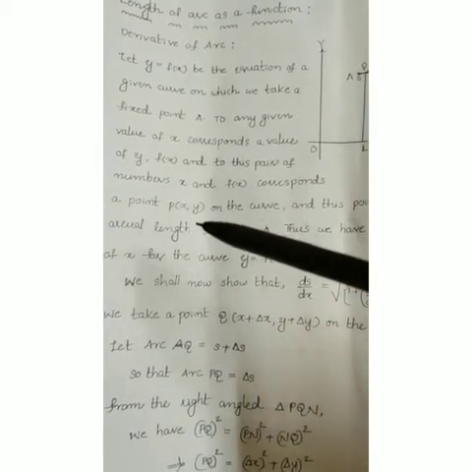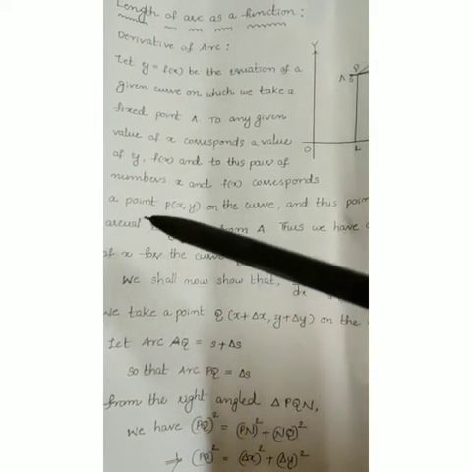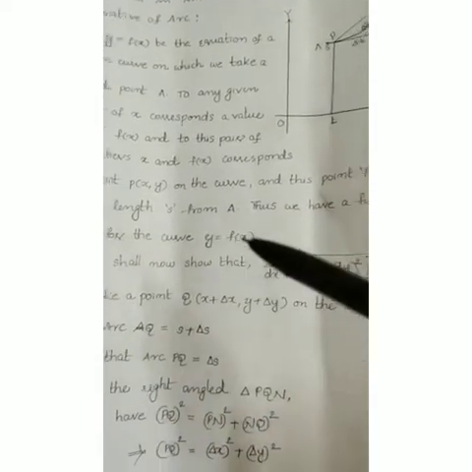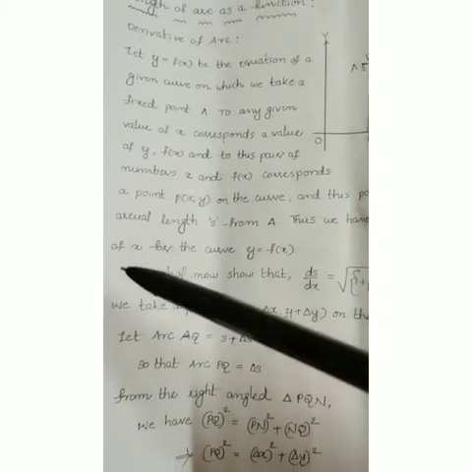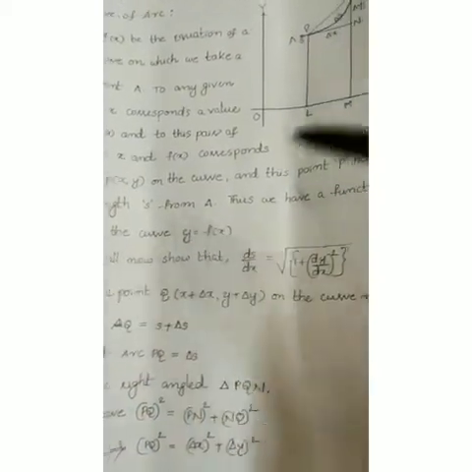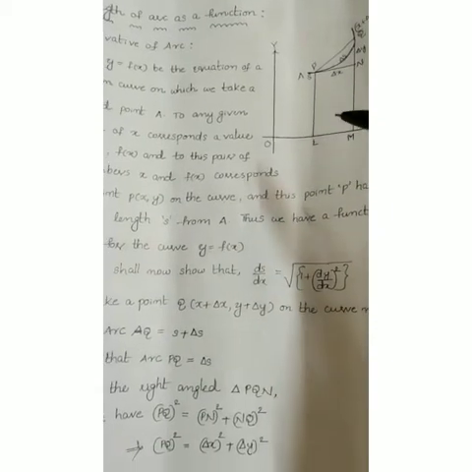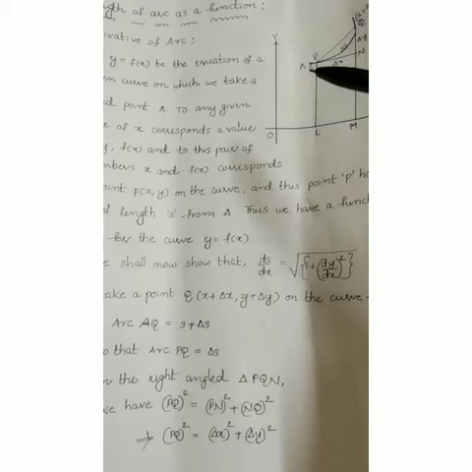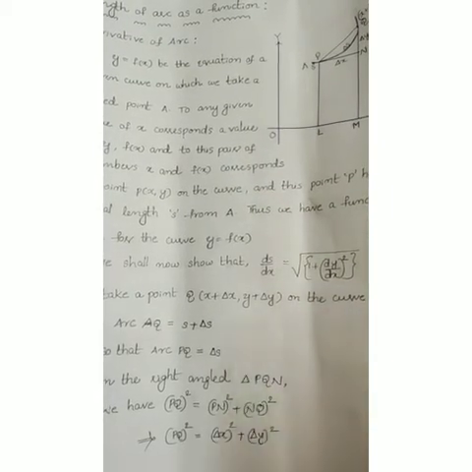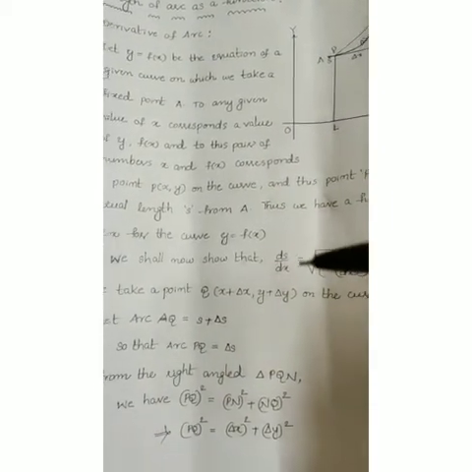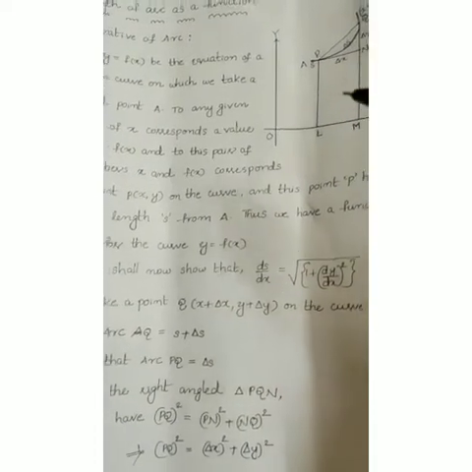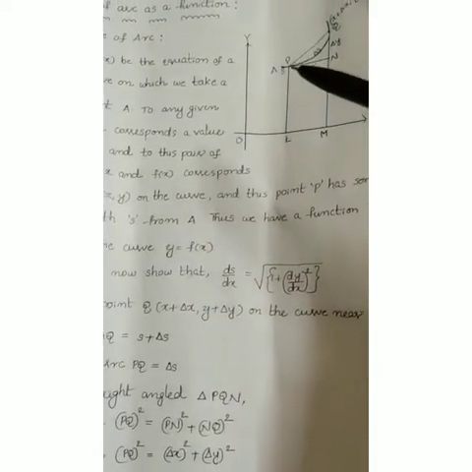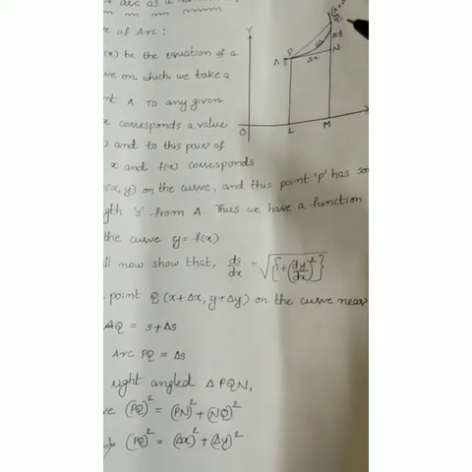To any given value of x corresponds a value of y, f of x, and to this pair of numbers x and f of x corresponds a point P of x comma y on the curve, and this point P has some arc length s from A. So for a corresponding value of x, there will be a value of y, that is f of x.